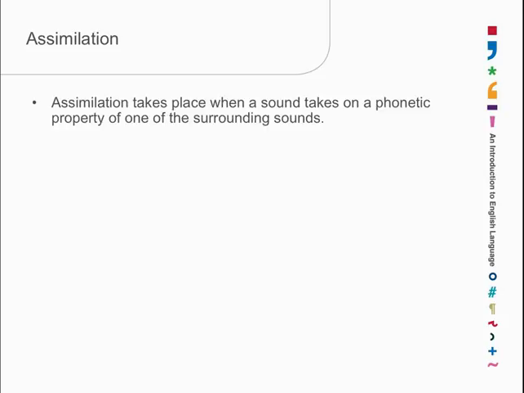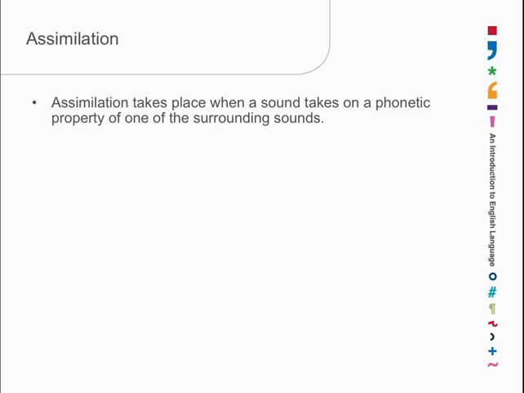Now to assimilation. Assimilation happens when a phonetic property in one sound carries over onto the next one, or is presupposed because the following one is going to have that property. And there are a number of different kinds of assimilation. Some sounds change their place of articulation because of what one of the neighbouring sounds does.